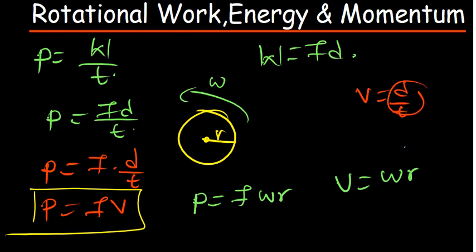At the same time, we can rearrange this, because I know that force times r is the torque. So power under rotational work, energy and momentum is given by torque times angular velocity. So let me just put these formulas here.